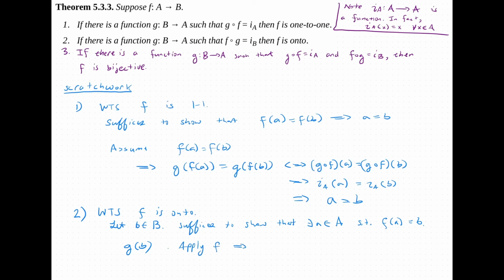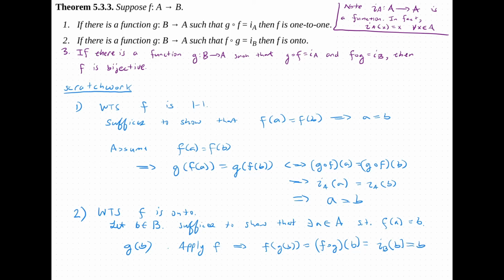and so this will give us f of g of b, which by assumption is going to be f compose g evaluated at b. But now this is the identity function. F compose g is the identity on B. So by assumption, that's the identity on B evaluated at lowercase b, which gives us back lowercase b.